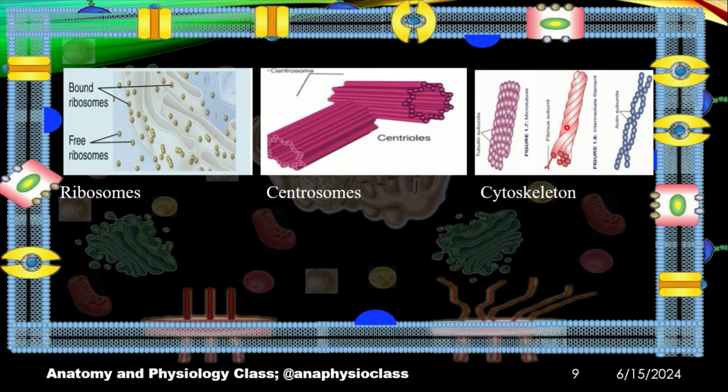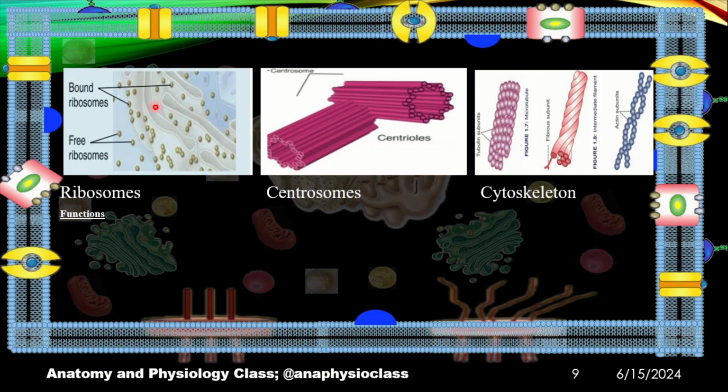And ribosomes. Ribosomes are the smallest organelles, and they are not bounded by a double membrane. There are two types. Some of them are bound to the rough endoplasmic reticulum, hence known as bound ribosomes.